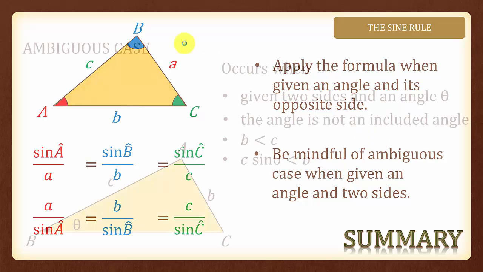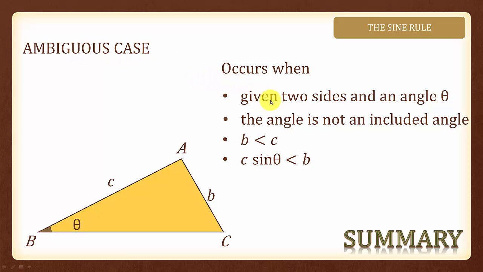To be more precise, the ambiguous case will occur when we are given two sides and an angle, whereby the angle is not an included angle. Also, the length that is opposite the given angle must be shorter than the other length c. Finally, the value of c sin theta must also be smaller than the value of b, which is the length that is opposite theta. And that's all for this topic.